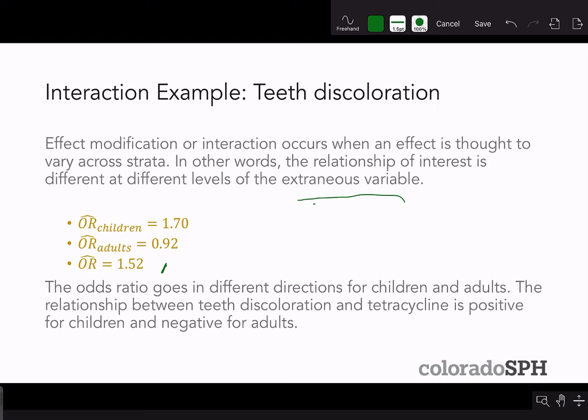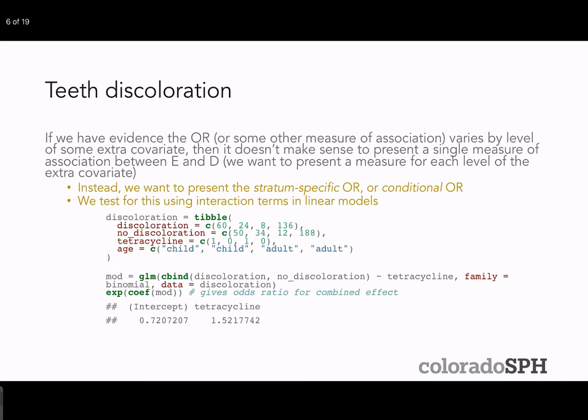However, the odds ratio for children is 1.7 and for adults is 0.92. So the odds ratio actually goes in different directions for children and adults, in that it's positive for children and negative for adults. So this looks like evidence that there might be effect measure modification.